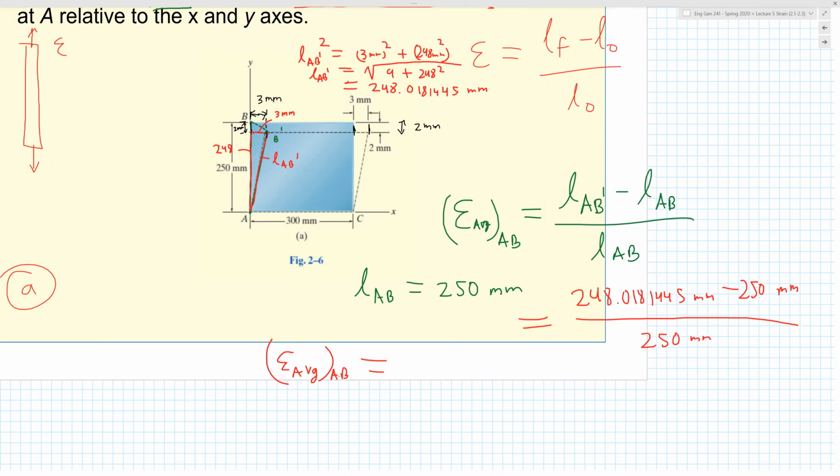So there are some small deviations there, getting different ones.